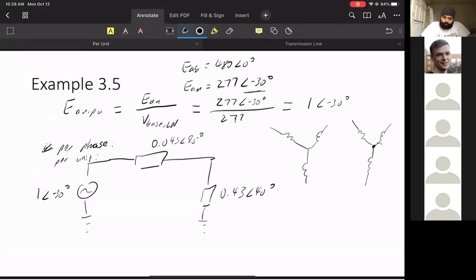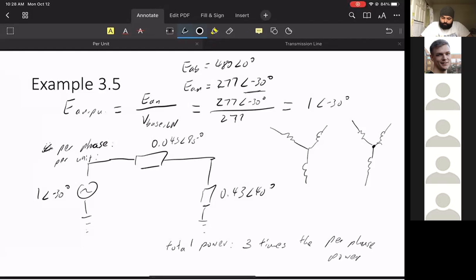We don't sum the current because there's a per phase current, but when you sum all the currents, it's actually 0 for a balanced system. So we don't need to talk about the total current in the system. There's not a notion of total current. Even total impedance is a little bit misleading. When we talk about this circuit, we can talk about the per phase current, the per phase impedance, and the total power. The only thing we sum is the total power. It's 3 times the per phase power.